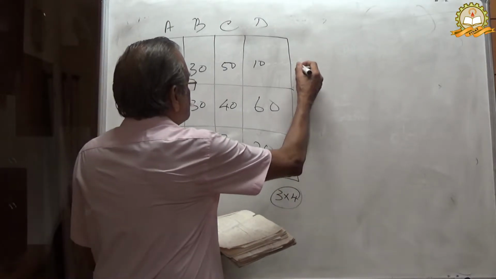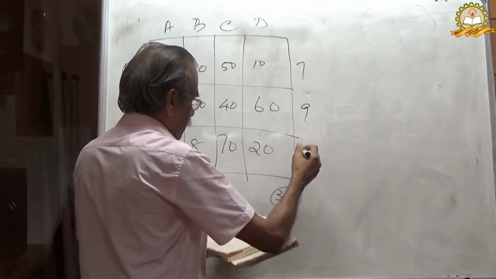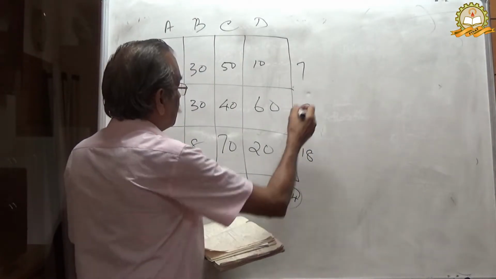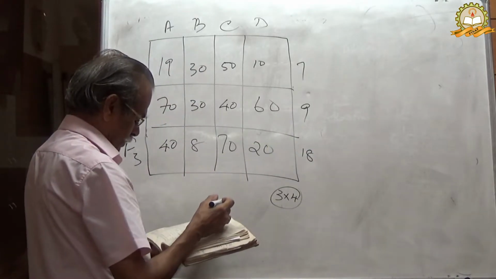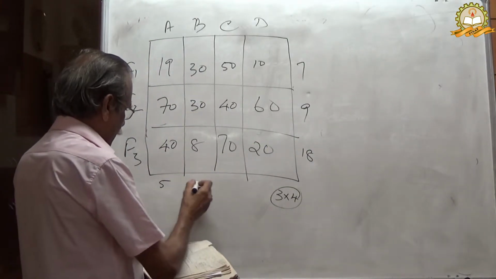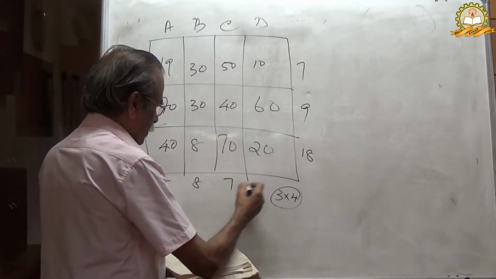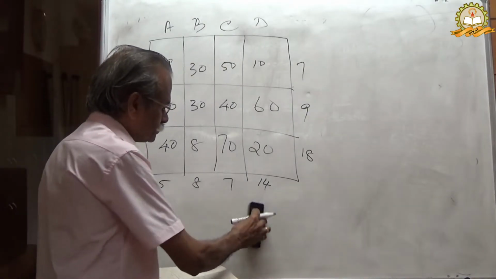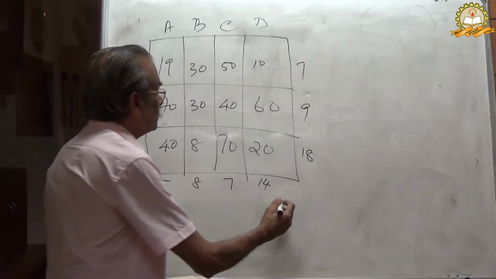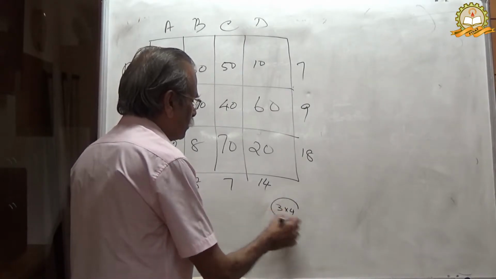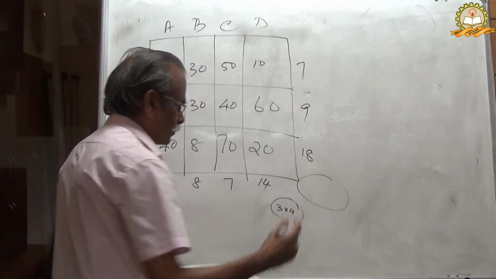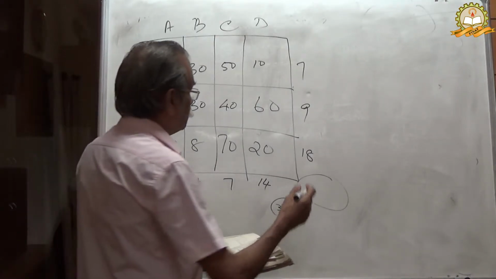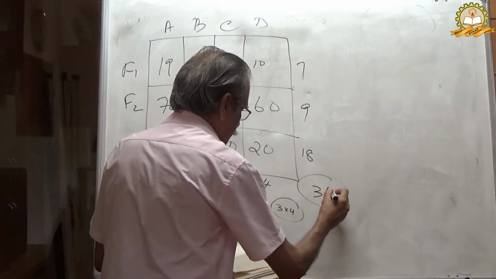And supply 7, 9, 18, and on the left side 5, 8, 7, 14. Therefore, you have 34.